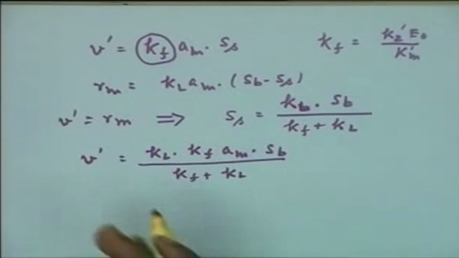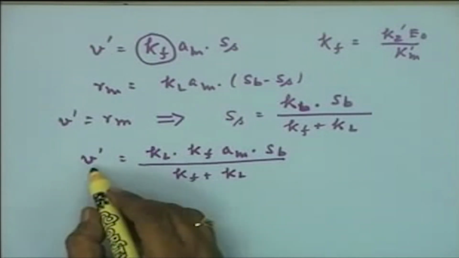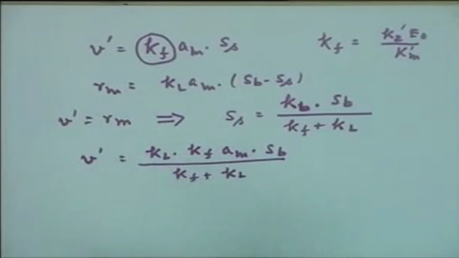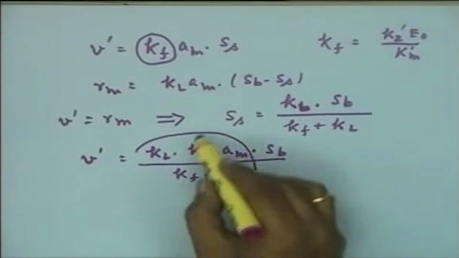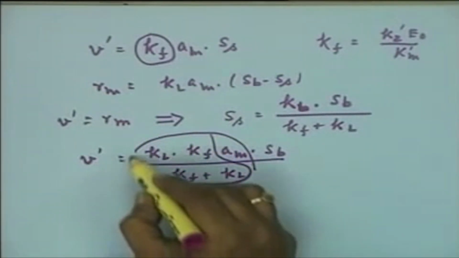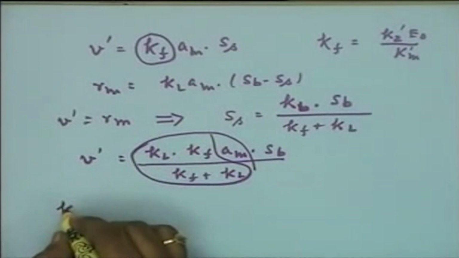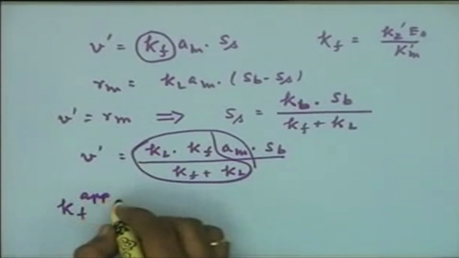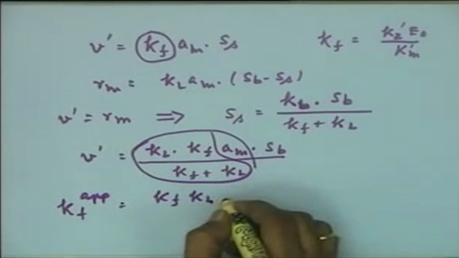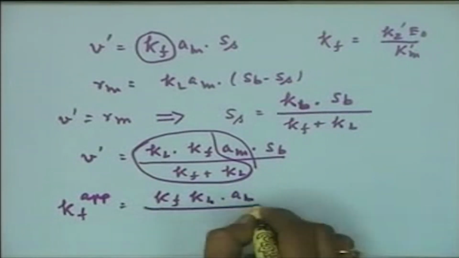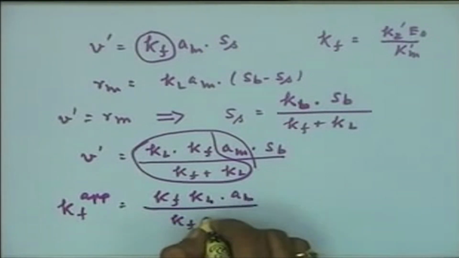Now, essentially what you notice is that the actual rate constant, which incorporates the film diffusion coefficient also, is this parameter, or rather Am you can delete, that is your Km apparent will be Kf Kl into Am upon Kf plus Kl.